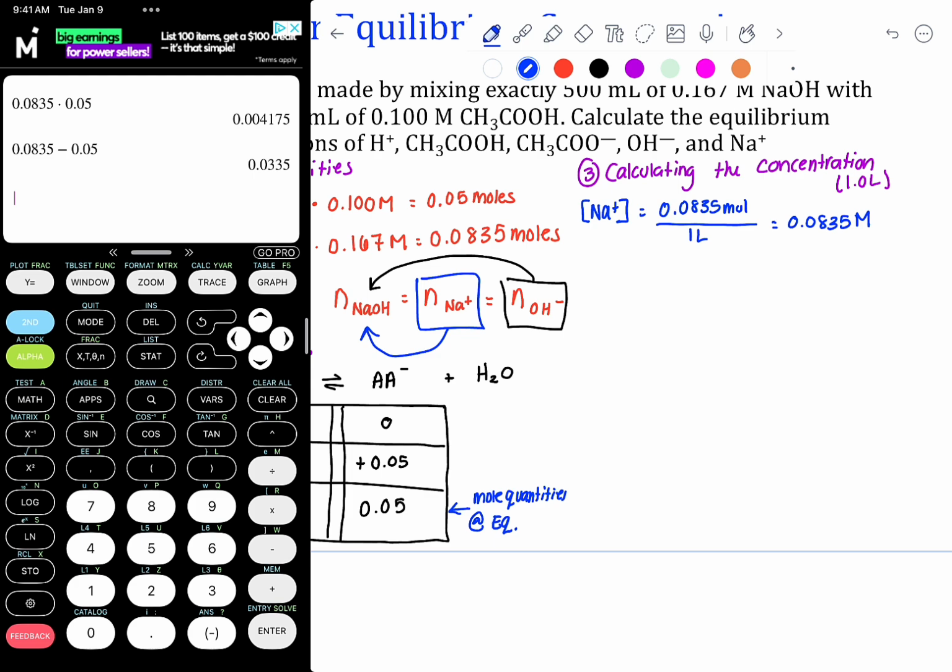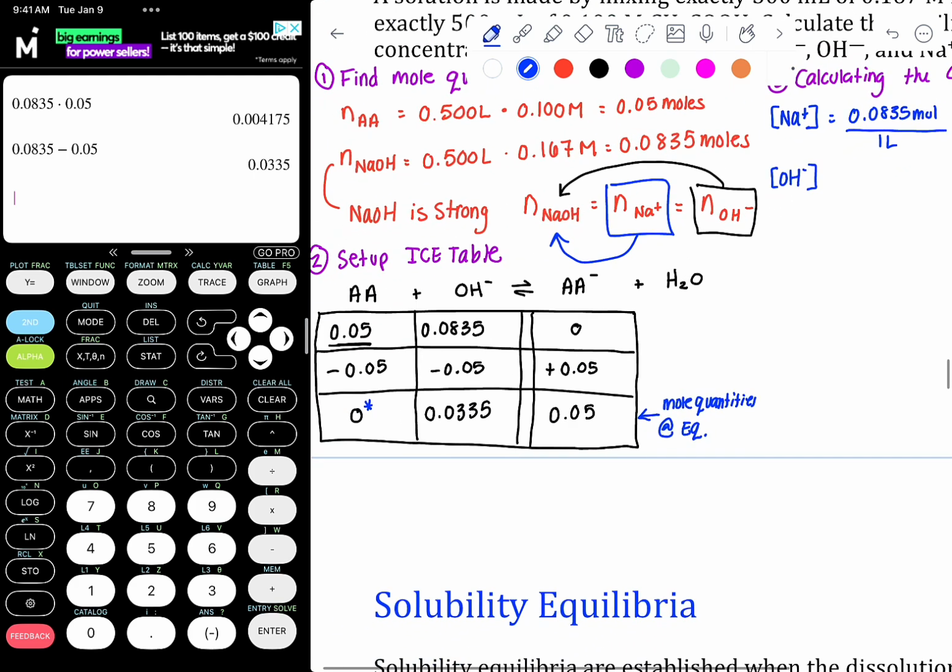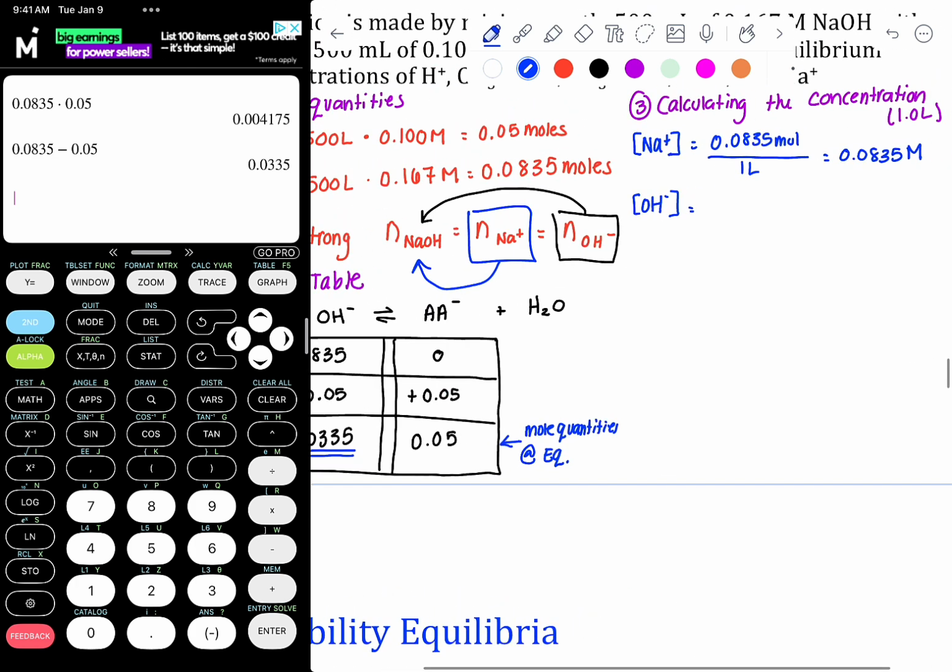Now we can do our OH-. We know from our ice table that the equilibrium mole value of OH- is 0.0335. So we just have to take that and divide it by 1 liter to get our final concentration of 0.0335 molar for the OH-.